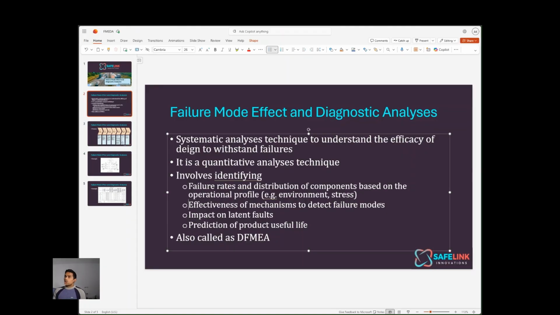And then what can also be done is identifying the efficacy against latent faults. This is something that cannot be done in an FMEA. And finally, overall, it is to predict the useful life of the product. This term, useful life of the product, we're going to define also.